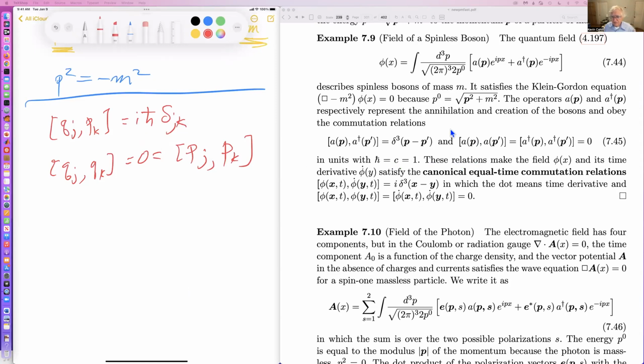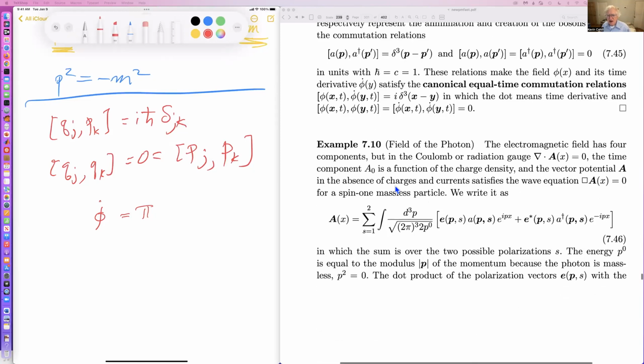And so what you get then for these A and A dagger, and if you have these commutation relations with the delta function, then the field commutes with itself at equal times. The field time derivatives commute with themselves at equal times. And here the idea is phi dot is thought to be pi, the conjugate momentum. And phi, the commutator of phi with phi dot at equal times is i times the delta function.